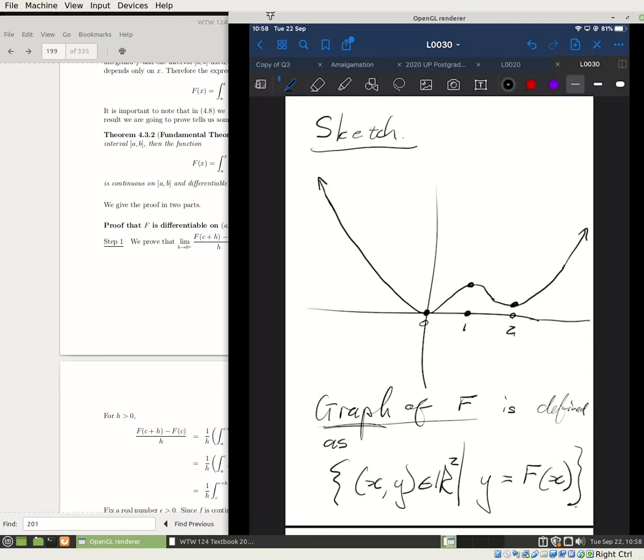So when you see the graph of a function, that is a set, and it is that set.